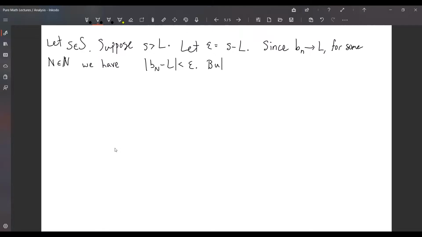But B sub big N minus L is less than or equal to its absolute value, which is true in general. X is always less than or equal to its absolute value.